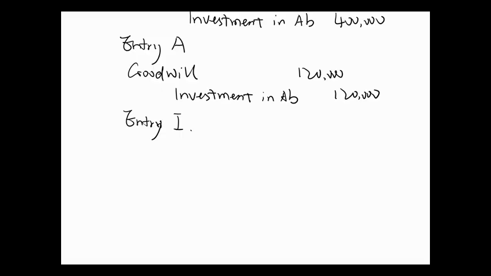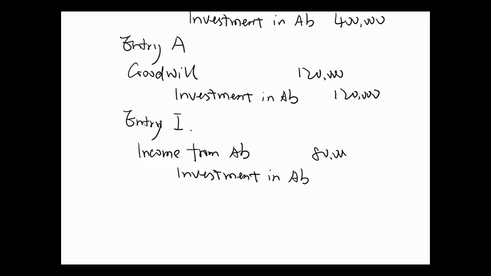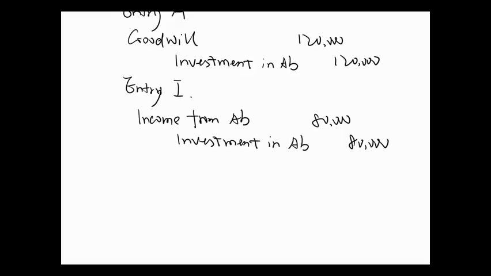So we debit income from Epsilon and credit investment in Epsilon. In total, it is 80,000. With partial equity method, the investment account amount is going to be the reported income from Epsilon without any adjustment.